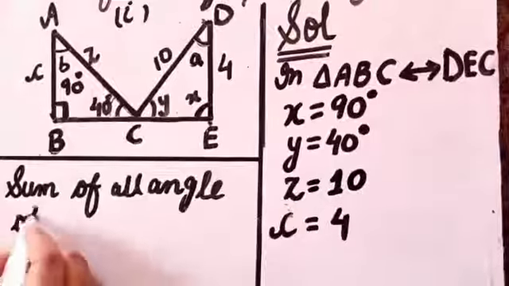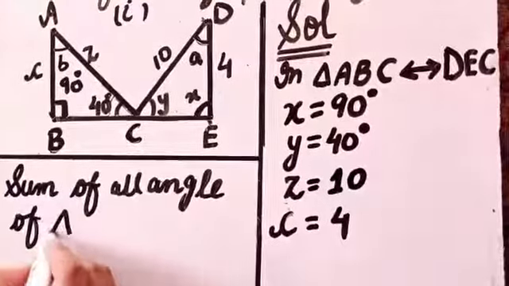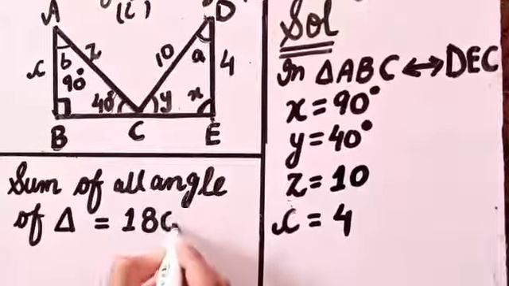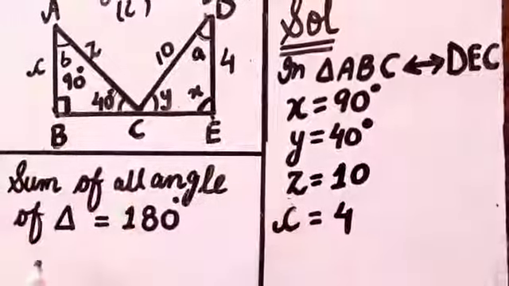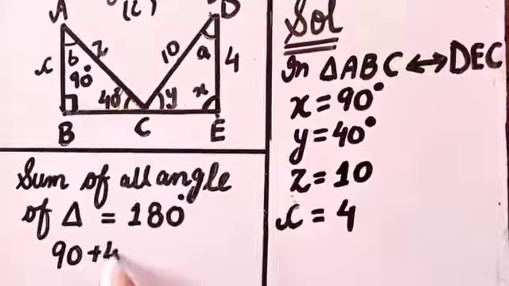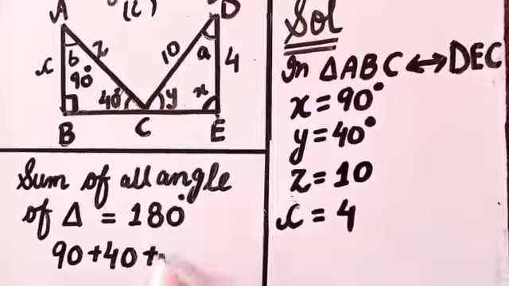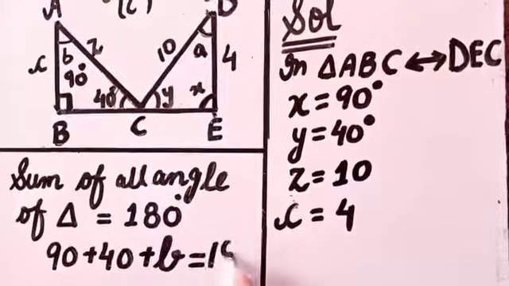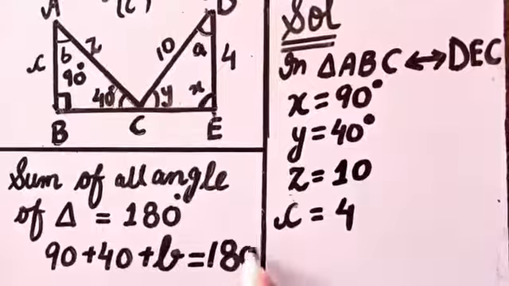The three angles we have: 90 plus 40 plus b is equal to 180 degree.